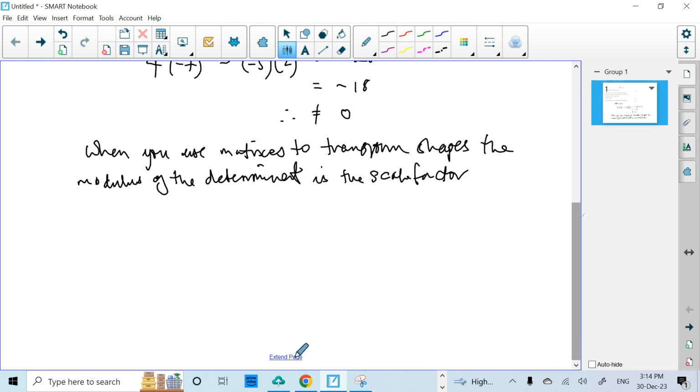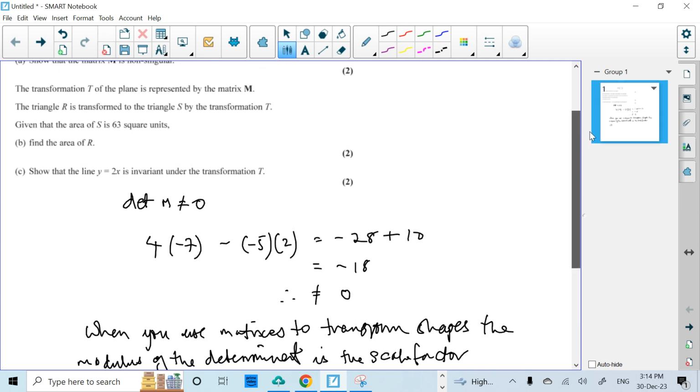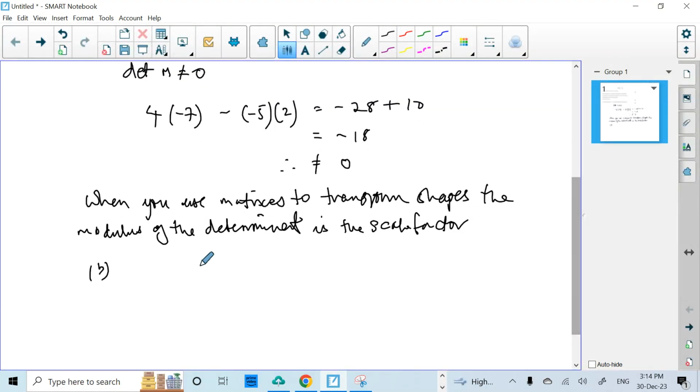So for part B, the area is 63 square units. If we do 63 divided by the modulus of minus 18, which is what we found, we should end up with 3.5.